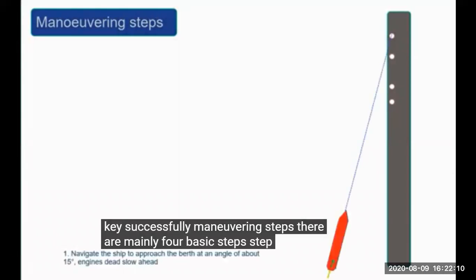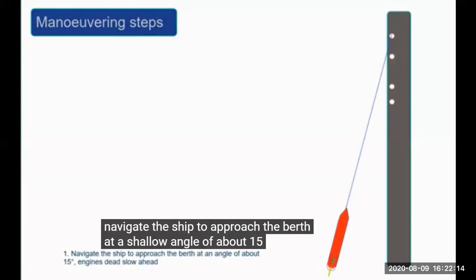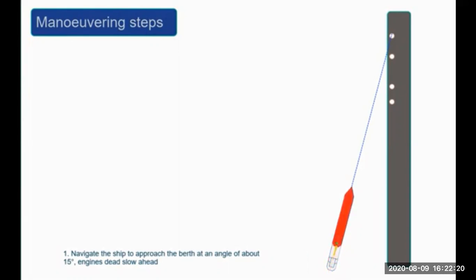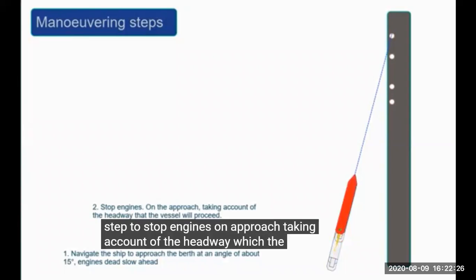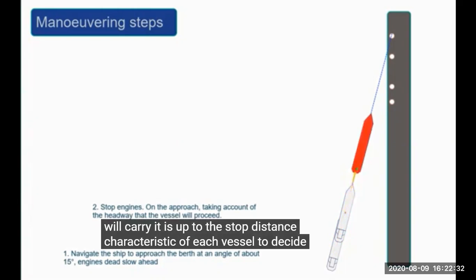Again, same as the last example. Navigate and approach the berth at around 50. Here we will keep 15 degrees because we can use the helm. It's helping us. If we go to the starboard side, the stern will also go in, because at astern the bow is canting to port.